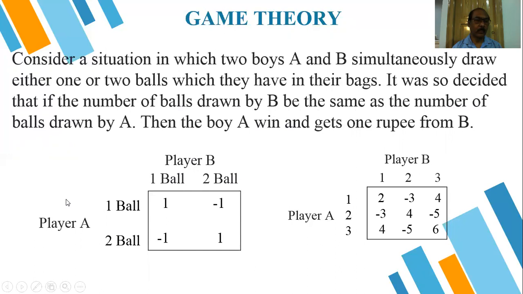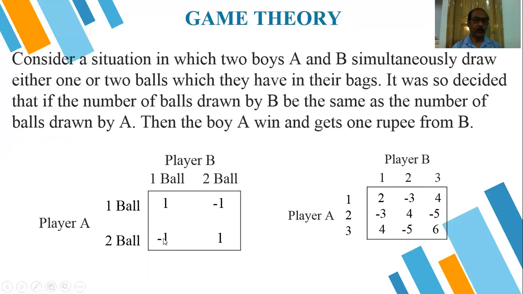When A draws one ball and player B also draws one ball, 1-1 is matching. That means B has to pay 1 rupee to A. Suppose A draws 2 balls and B draws 1 ball, this is a mismatch.